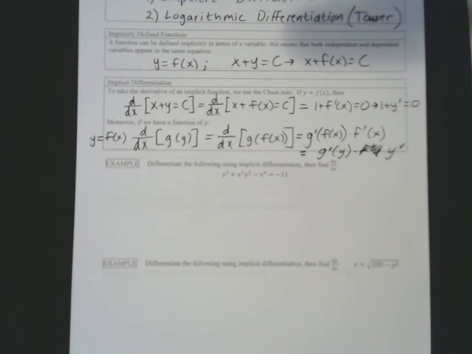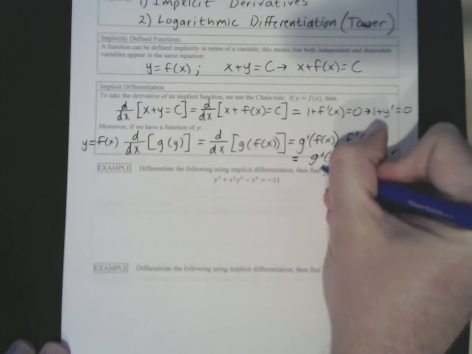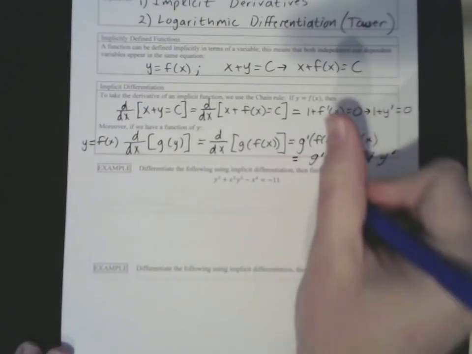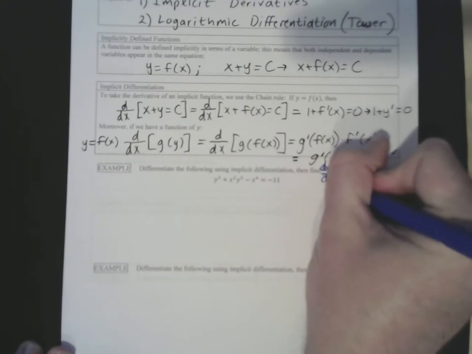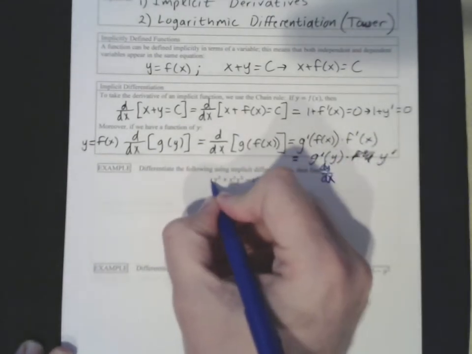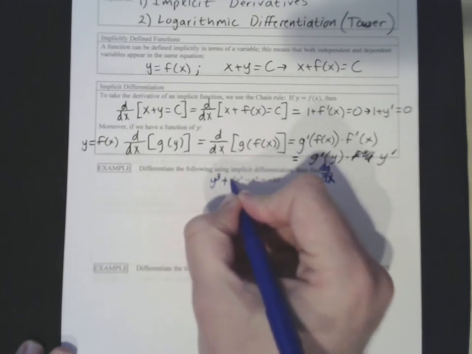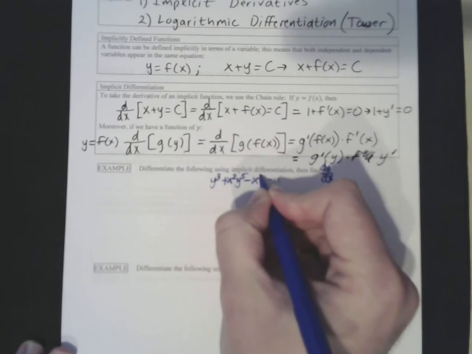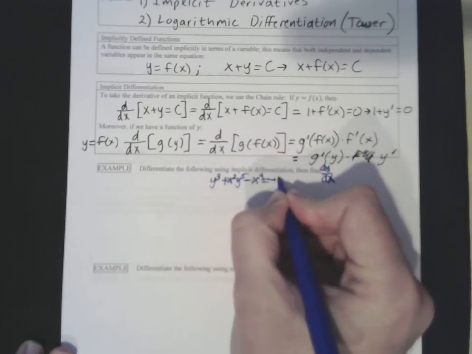So differentiate the following using implicit differentiation and then find dy dx. So when it asks you to find dy dx, that means we need to solve explicitly for dy dx. We need to find y prime. So we have y cubed plus x squared y to the 5th minus x to the 4th equals negative 11.